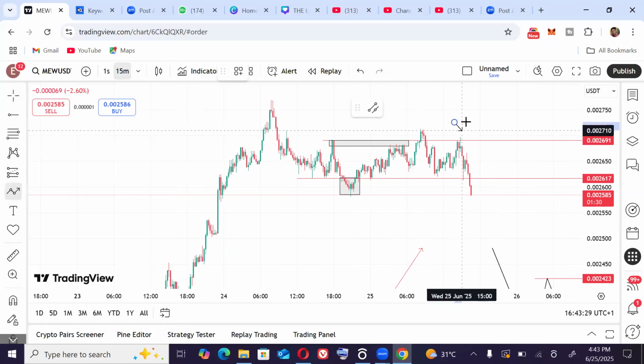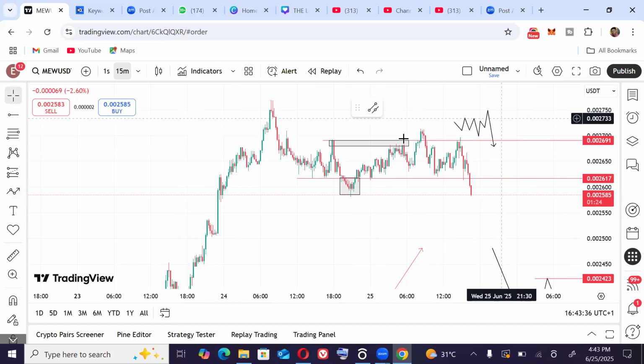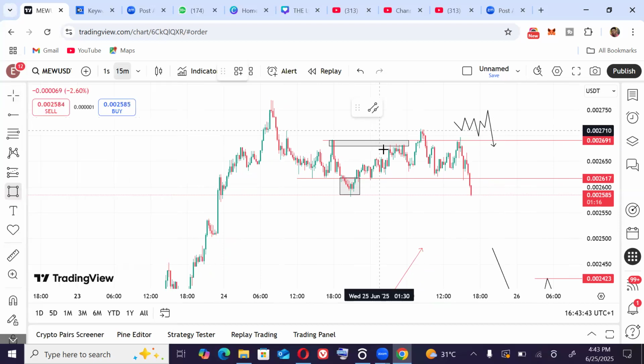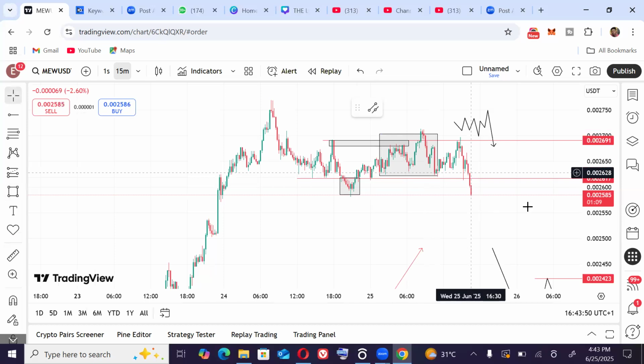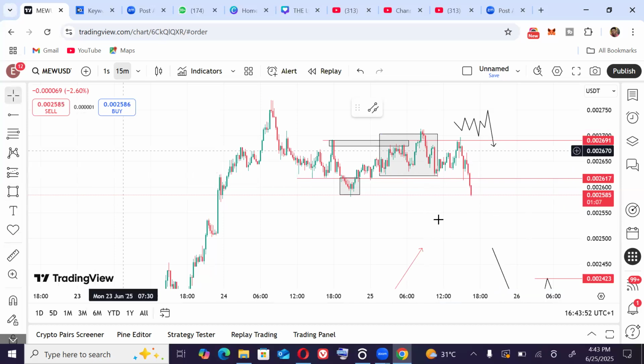This is our buy model, and it was broken, which is here. This is the buy model that was broken. Can you see? It broke down massively.